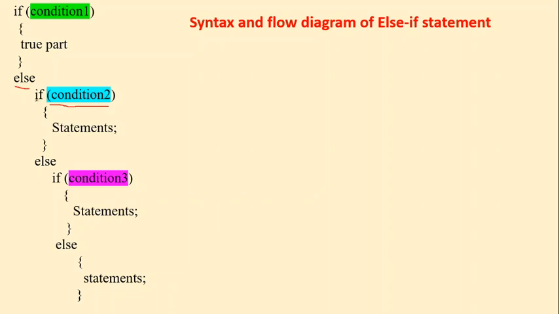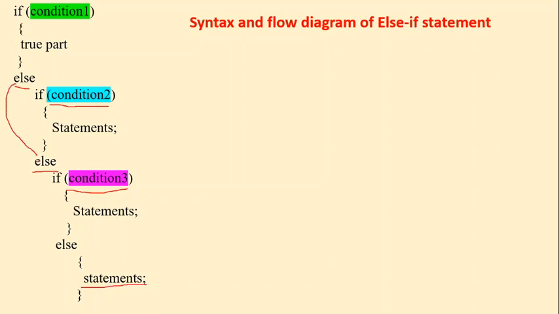If the second condition is also false, it is coming to the else part and checking another condition, else if. Condition 3. If condition 3 is true, it is executing these statements. If the condition 3 is also false, then it is executing the last else part statement.